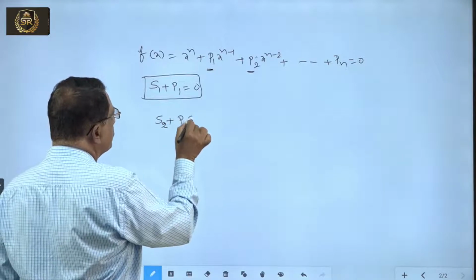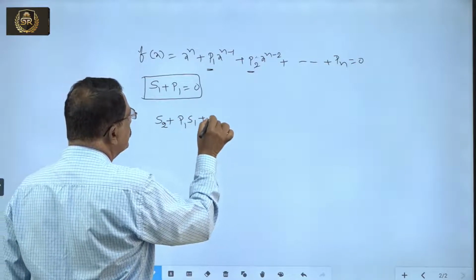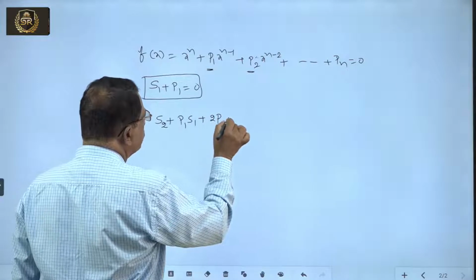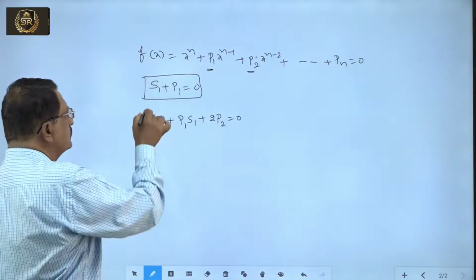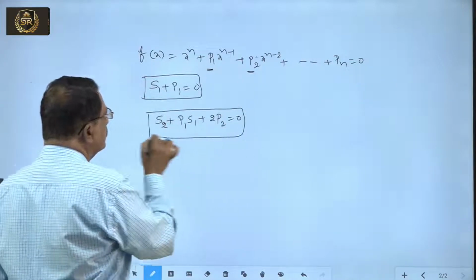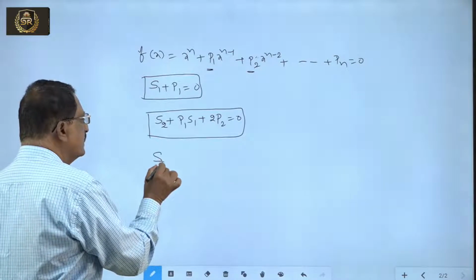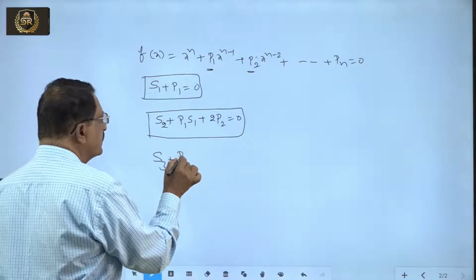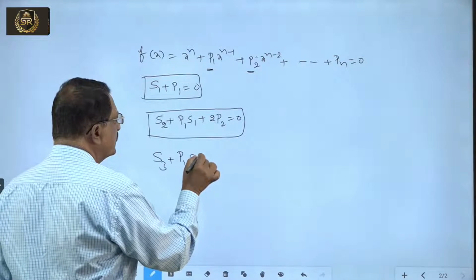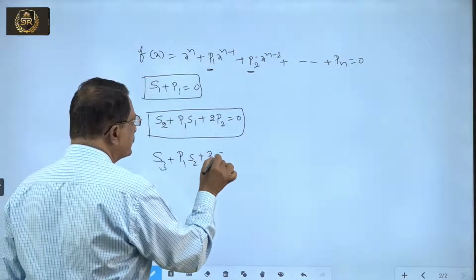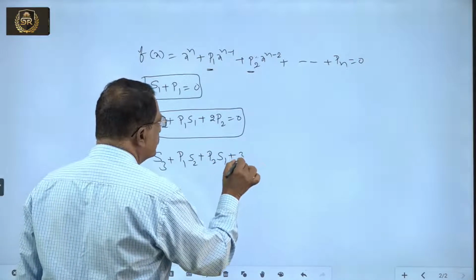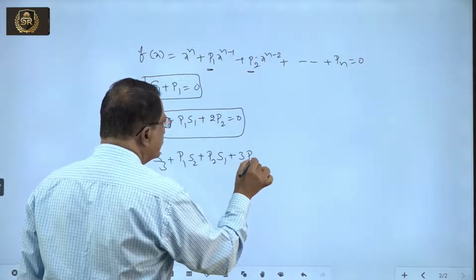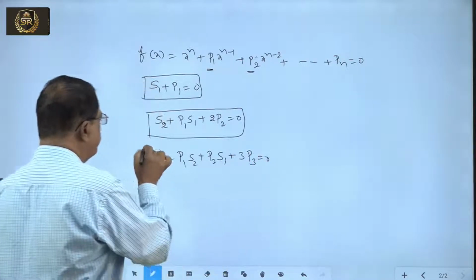Next, S2 plus P1 S1 plus 2P2 equals 0. Similarly, S3 plus P1 S2 plus P2 S1 plus 3P3 equals 0.